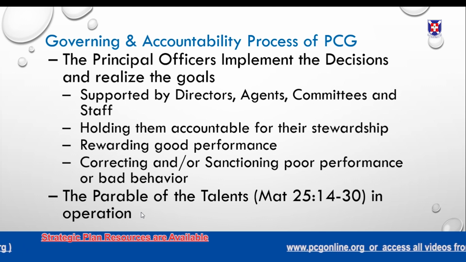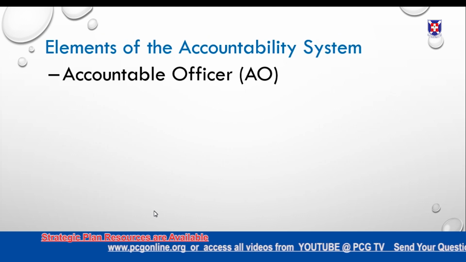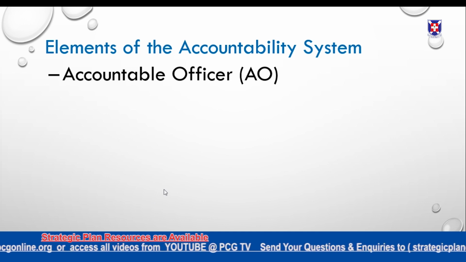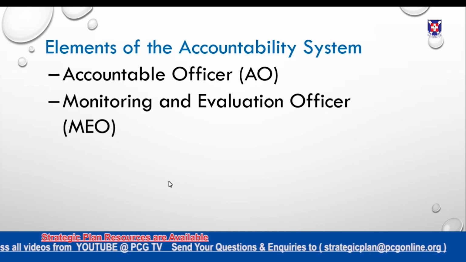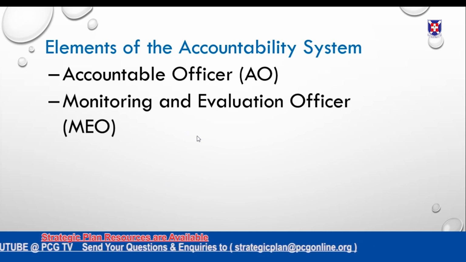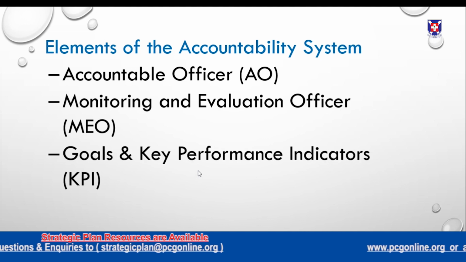And the parable of the talents is in operation in these accountability principles. Now, what are the elements of the accountability system? And this is very important. We introduced the accountable officer earlier on, and the monitoring and evaluation officer will now tell you who they are under the system of accountability that we have.